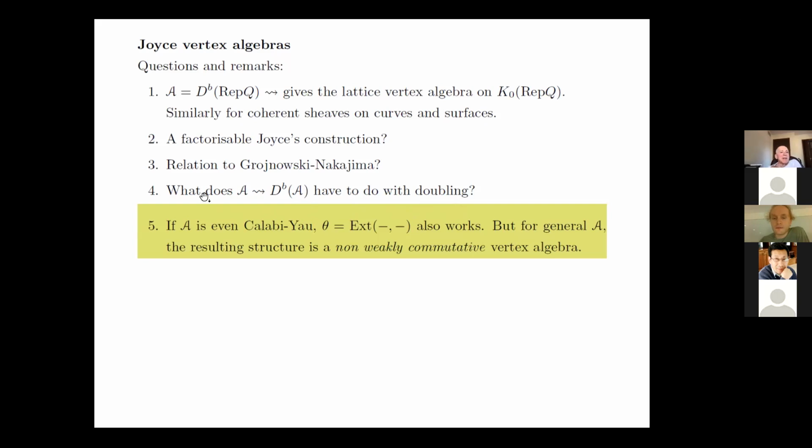I wrote it down a bit more explicitly above. This inclusion gives you a map of vertex algebras. Yeah, I understand the point, but this doubling, I would rather like to have the CoHA of the derived category than the double of the CoHA of one half of it.